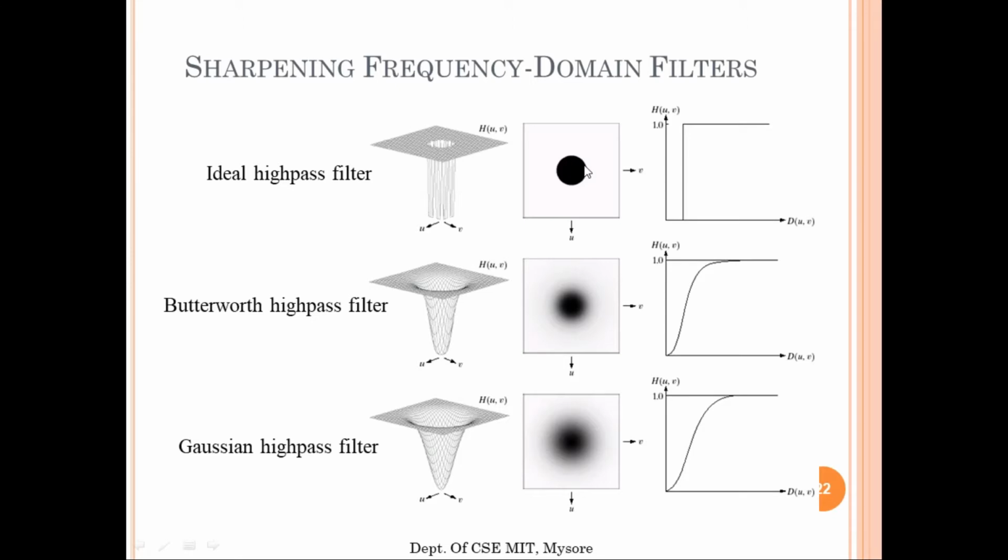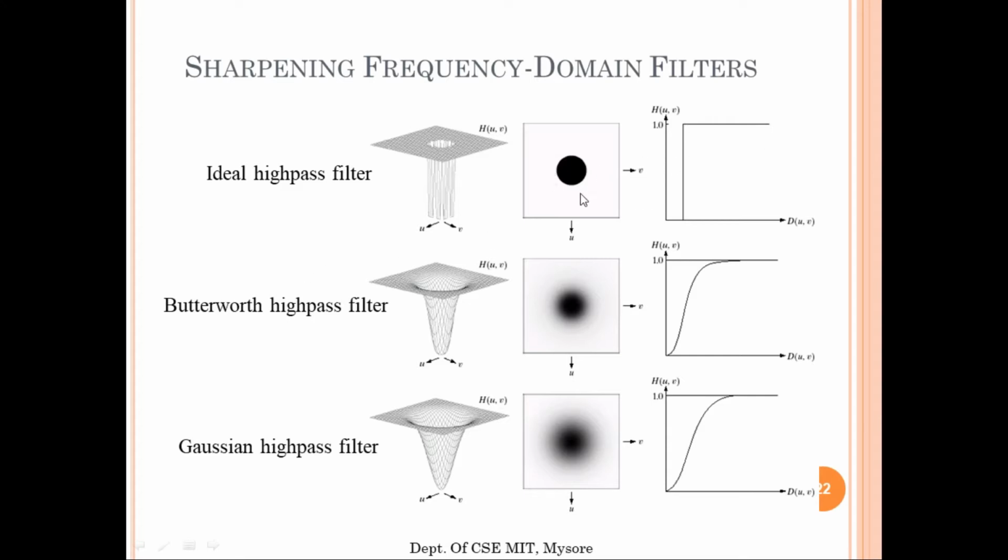It considers the radial distance from the center pixel to the surrounding pixel. Within a distance less than the cutoff frequency the value is 0, and above the cutoff frequency it is 1, as you can see in this plot.